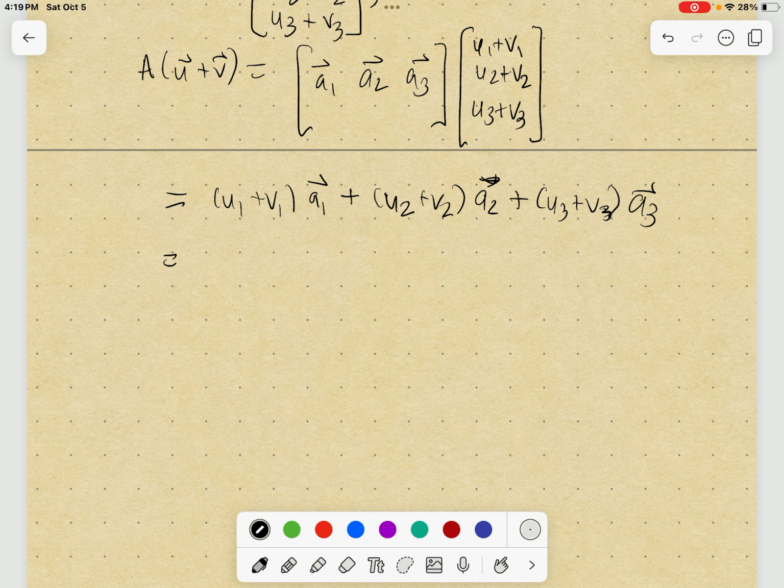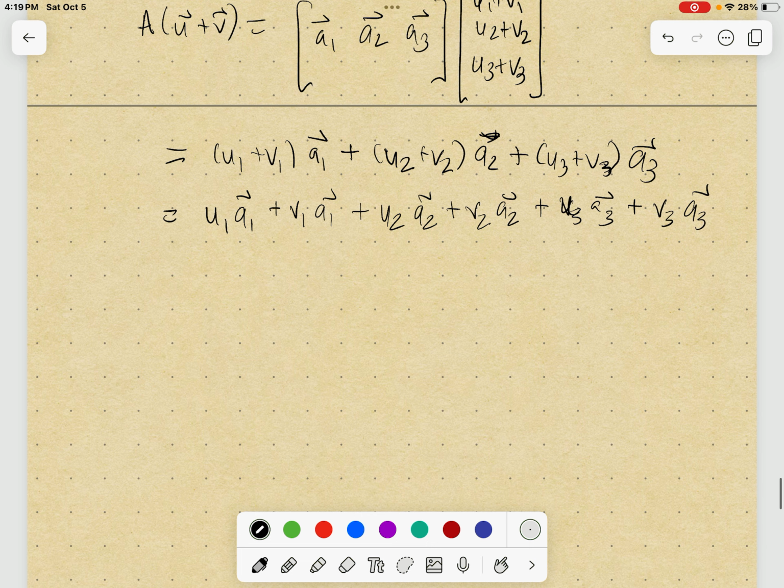So if you do that, you're going to get u1a1 plus v1a1 plus u2a2 plus v2a2 plus u3a3 plus v3a3. And I just want to emphasize again that the ui's, the u1, u2, and u3, and v1, v2, and v3 are actually scalars in this notation, not vectors, right? My vectors are a1, a2, and a3.